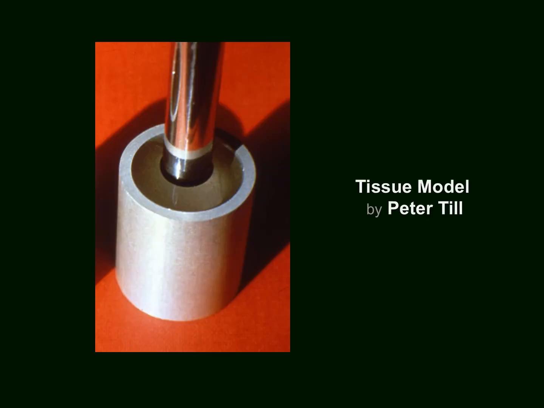Therefore, it was a great advance when Peter Thiel, who succeeded me as director of the echography service in Vienna in the early 70s, produced this solid tissue model in an ingenious way, a permanent way to determine tissue sensitivity.